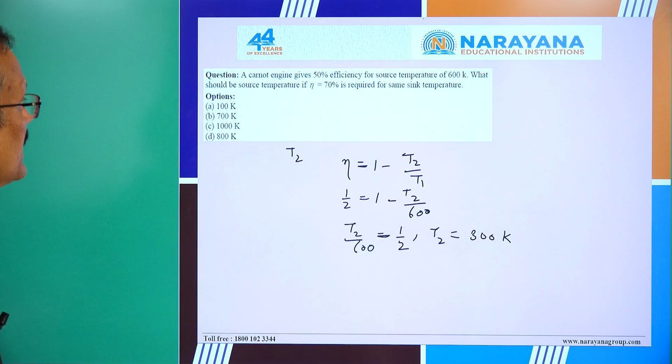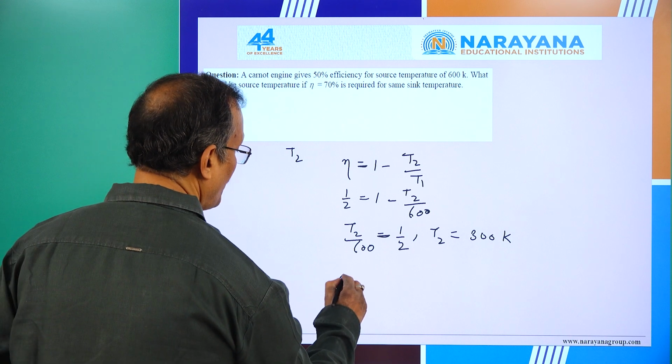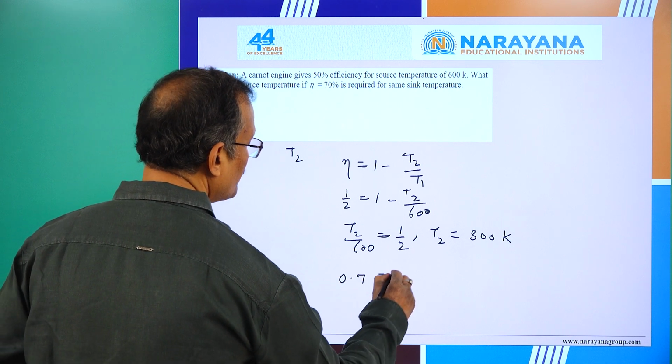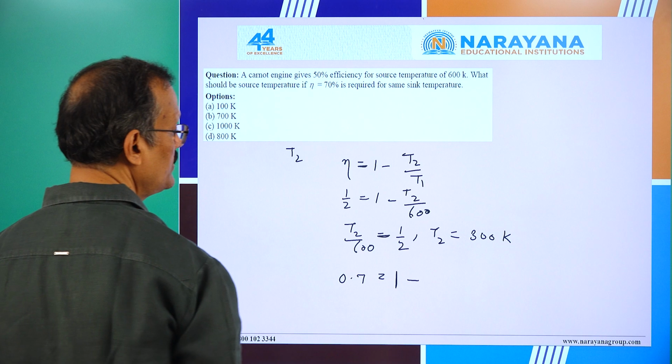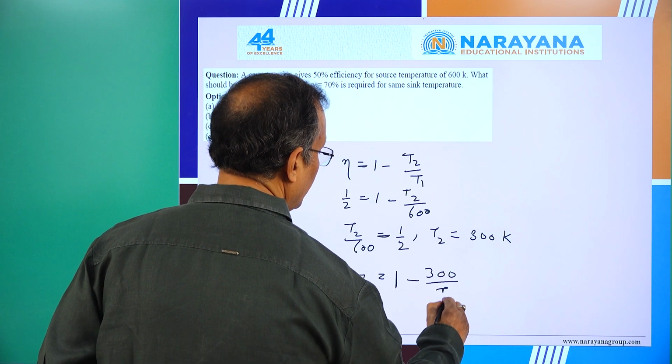Once T2 is ready, now go for the second part. They have told you eta equals 70%, which means 0.7 equals 1 minus T2 by T1, that is 300 by T1.